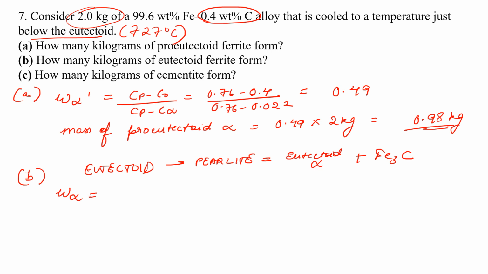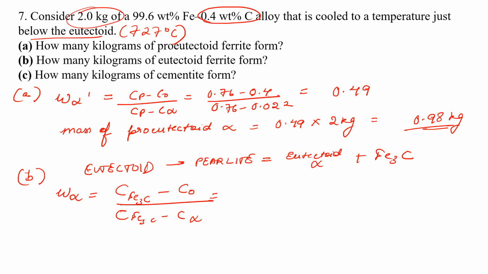And total alpha, as we have seen in the previous example, can be given by the arm of the lever away from the ferrite phase field, between the composition and the carbide phase, divided by the total arm between Fe3C and C alpha.